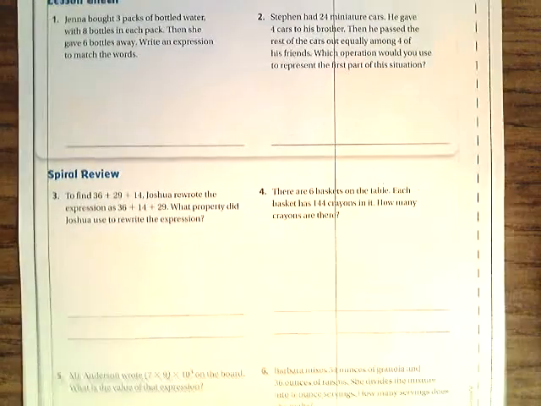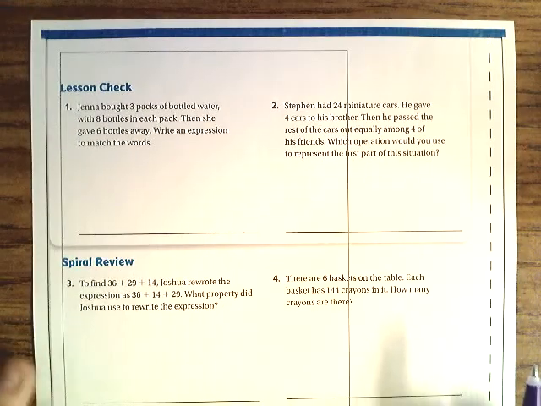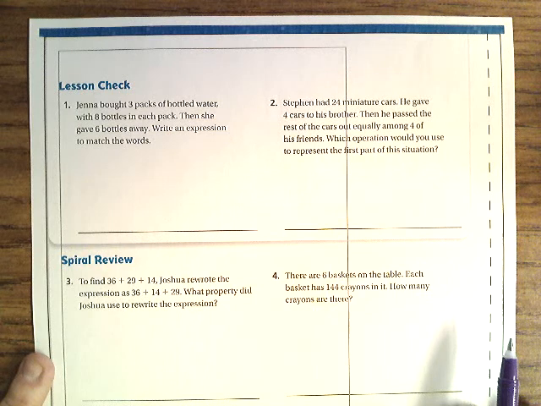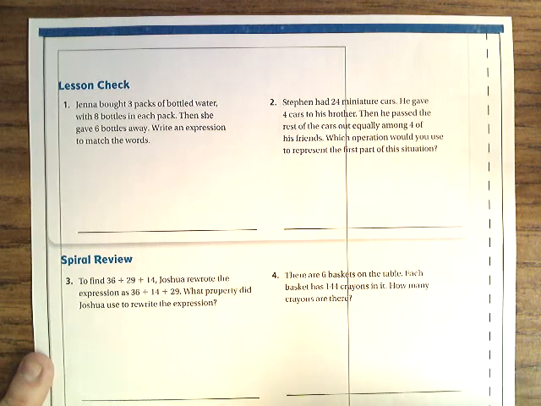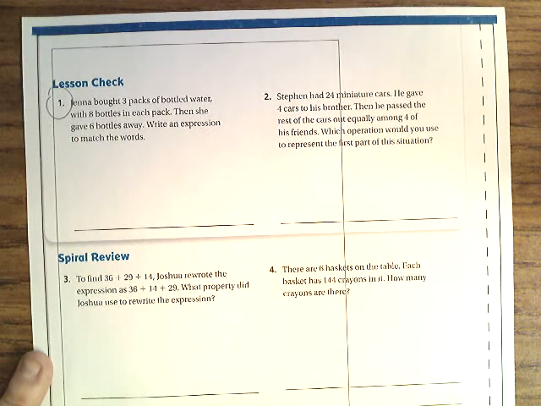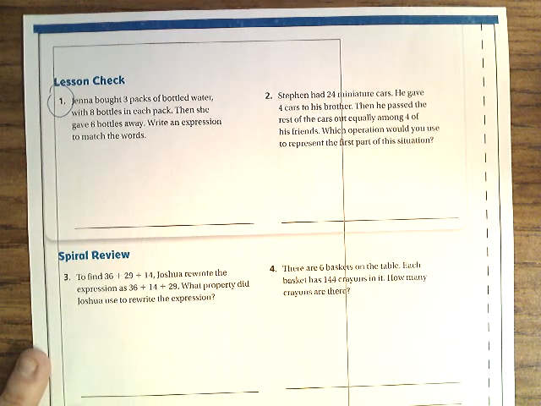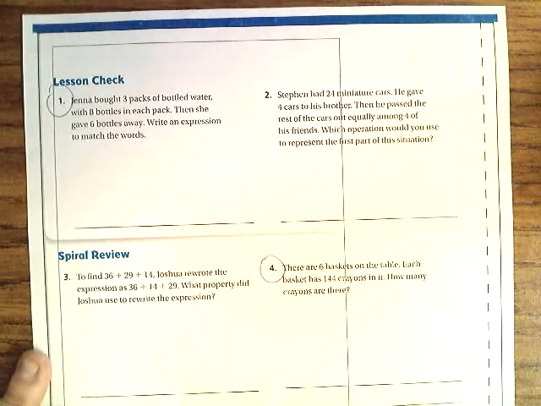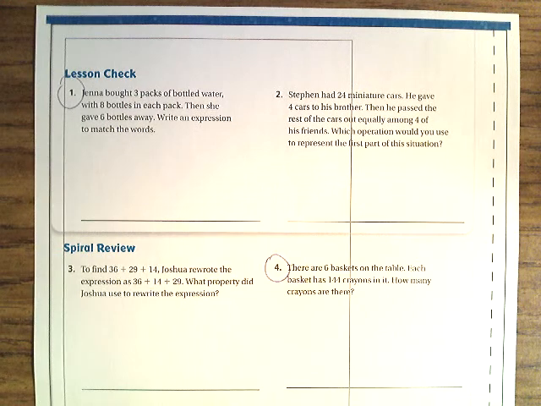And then on page 66, I want you to work on, let's see. I want you to try number 1 and 4. 1 and 4, okay? On page number 66.